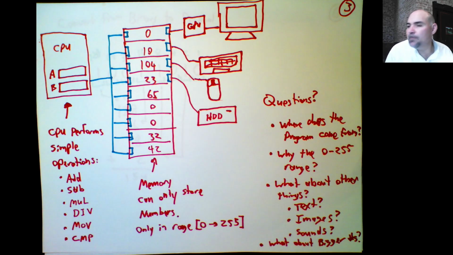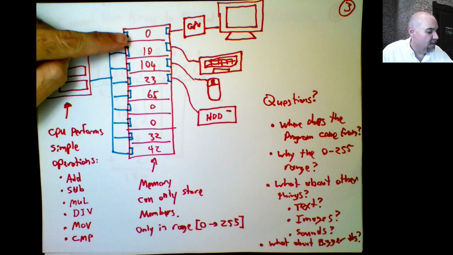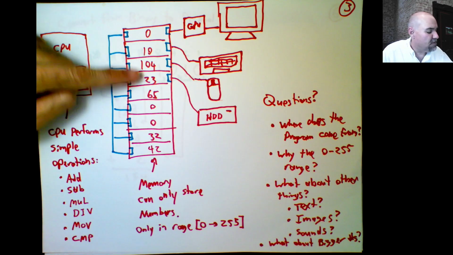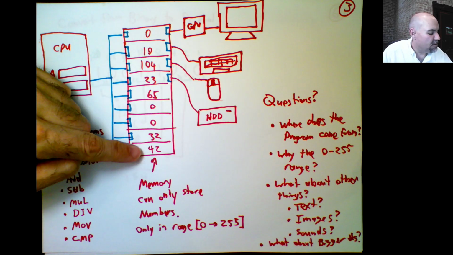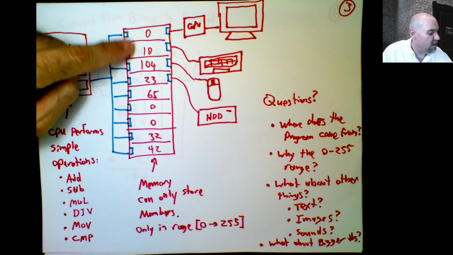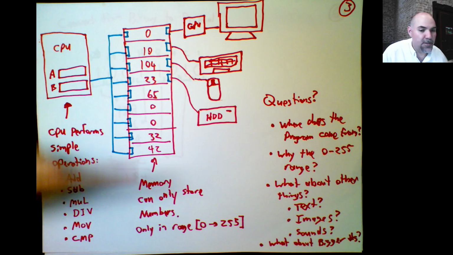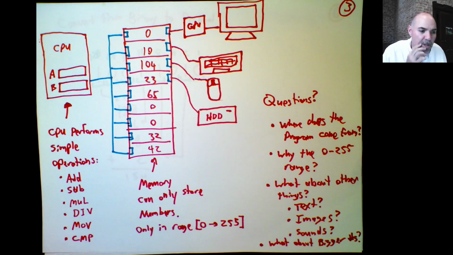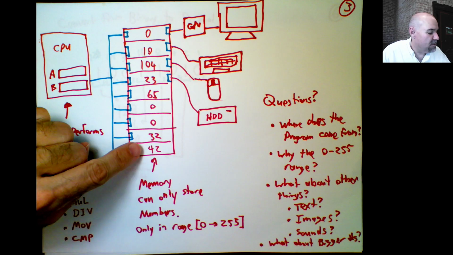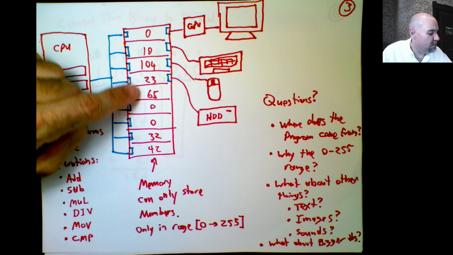The answer is that computer systems are powerful for two reasons. The first reason is that on this diagram we have a relatively small number of boxes, 1, 2, 3, 4, 5, 6, 7, 8, 9.